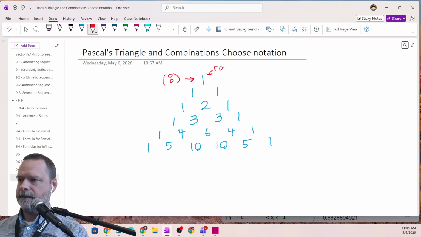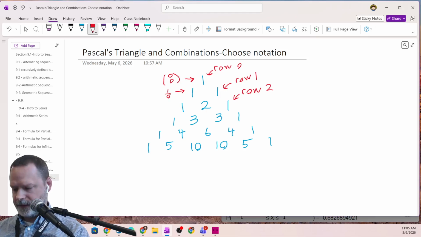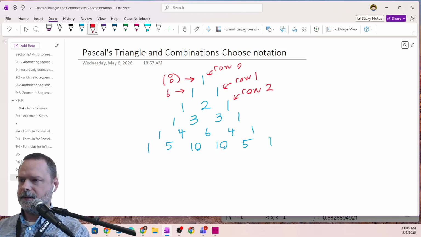Row 0, row 1, row 2, and so on. 0 choose 0. So then this one could be 1 choose 0. And this would be 1 choose 1 right there.